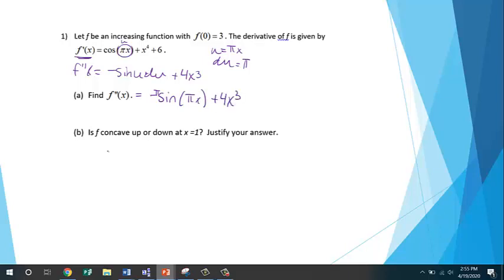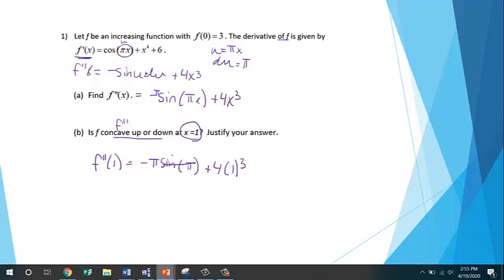All right, part B says, is f concave up or down at x equals 1? Justify your answer. If I want to know if something is concave up or concave down, I need to refer to f double prime, and I just need to find out what's happening at 1. So I'm going to be calculating f double prime of 1. That is negative pi sine pi times 1, which is pi, plus 4 times 1 cubed.